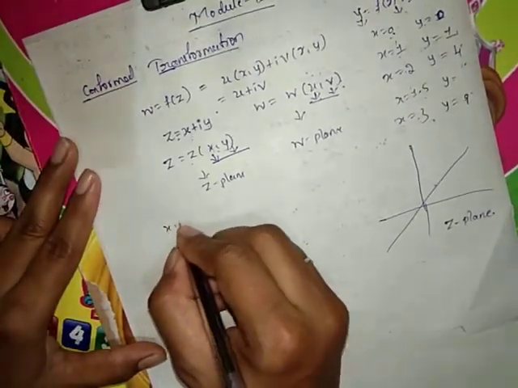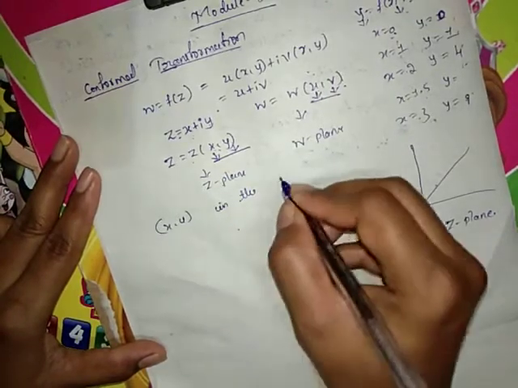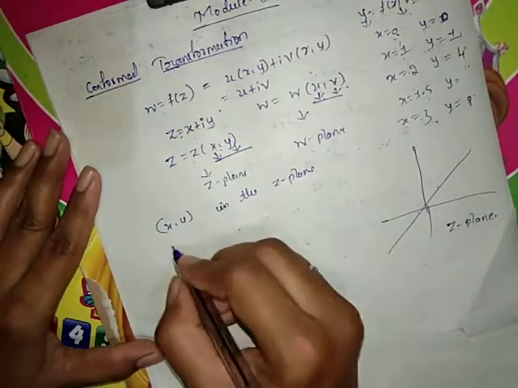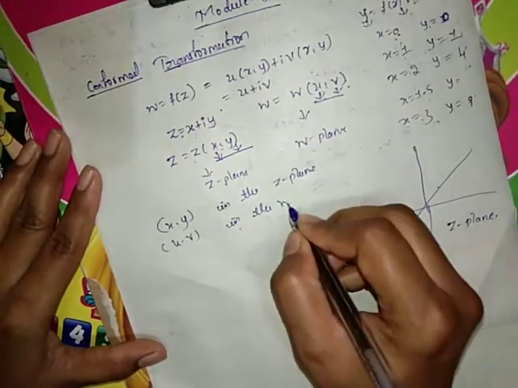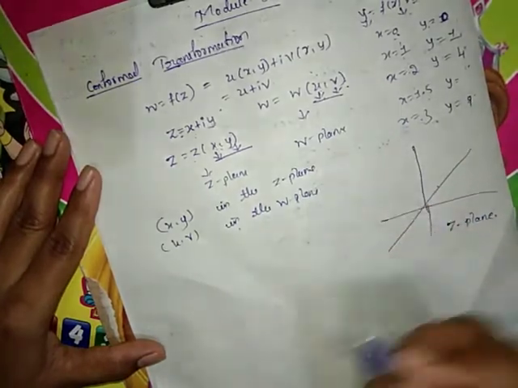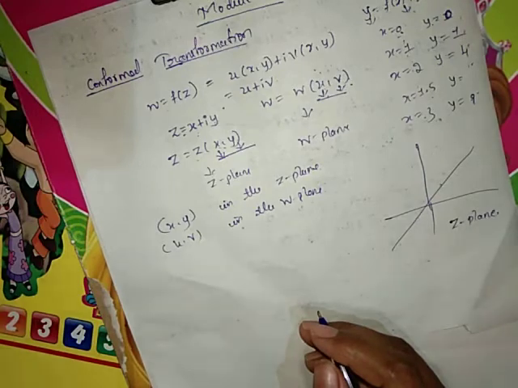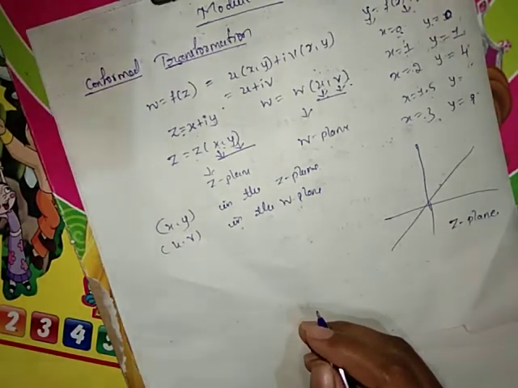So a point x comma y in the z plane corresponds to a point u comma v in the w plane.